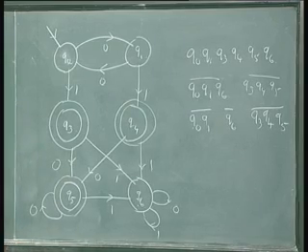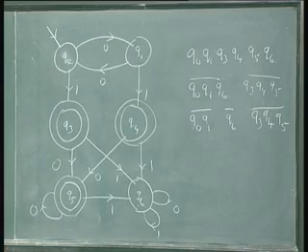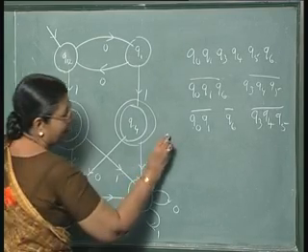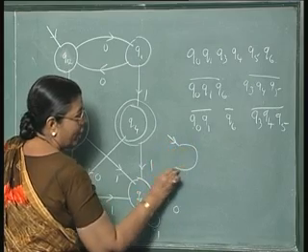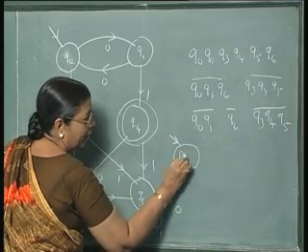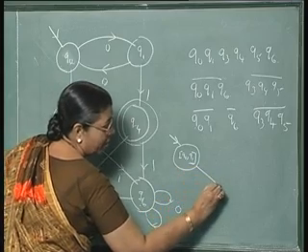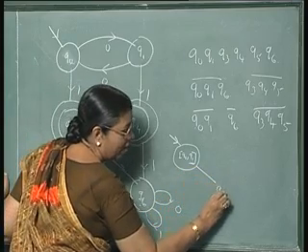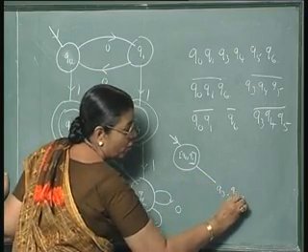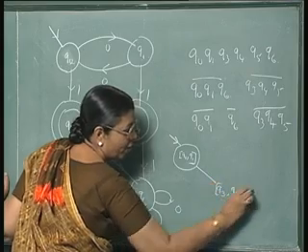So, the diagram, the minimum state automaton will have this. You can merge Q0, Q1 and you can merge Q3, Q4, Q5.